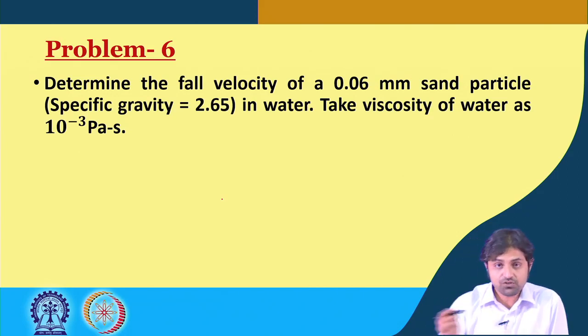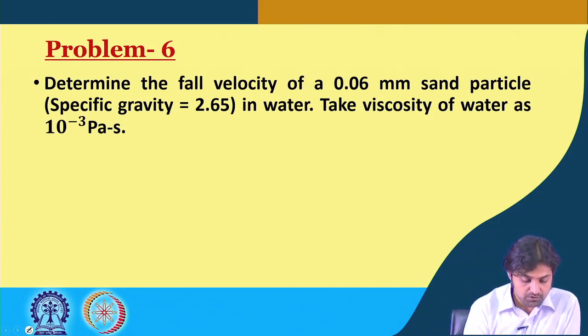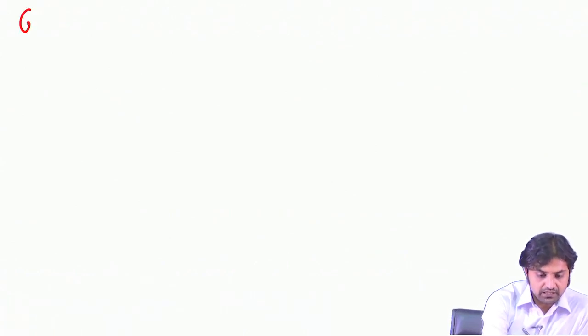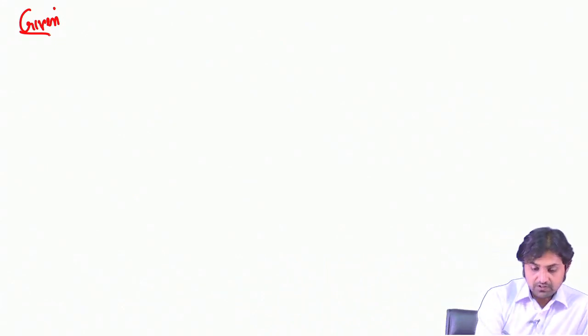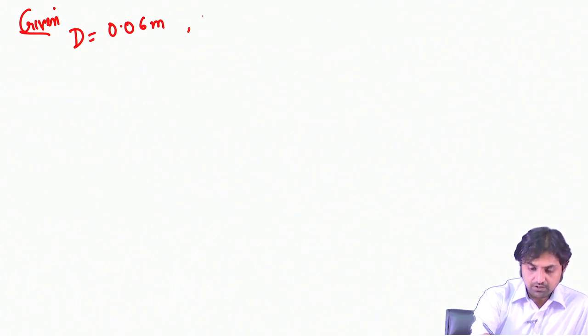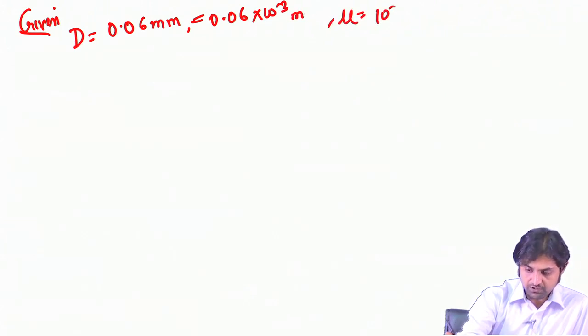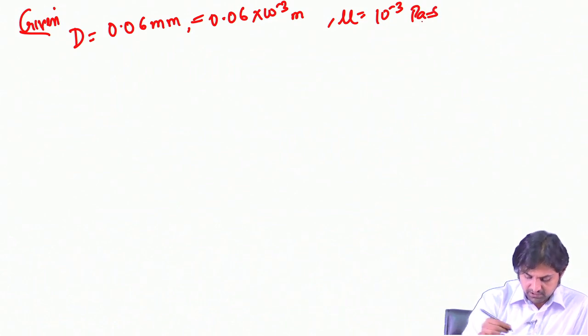Okay. So, as with all the other problems, what we are going to do is take a white sheet and start writing the things that are given first. So, we have been given d is equal to 0.06 millimeters, or 0.06 into 10 to the power minus 3 meter. Mu is given as 10 to the power minus 3 Pascal second.